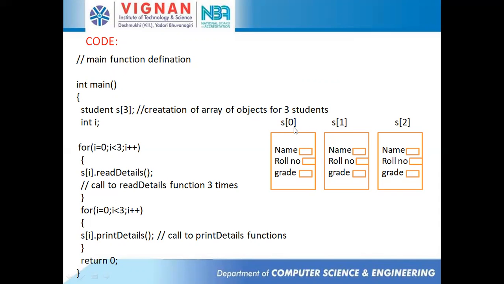S of 0 is the first student's name, roll number, and grade. S of 1 is the second student's, and S of 2 is the third student's. So these 3 objects will be created, and memory will be allocated separately for each object. And then you need to declare one integer variable.